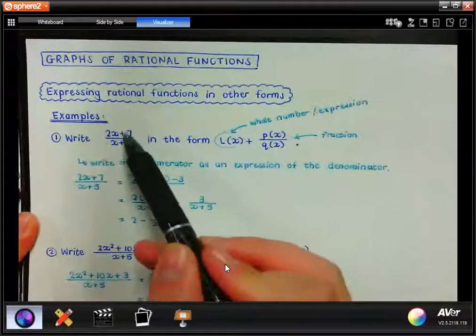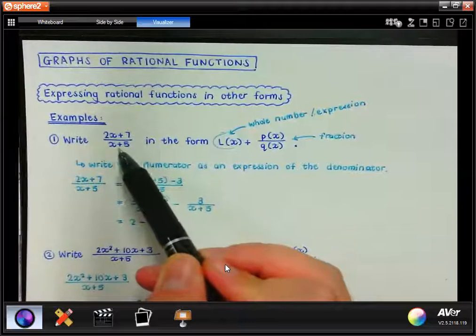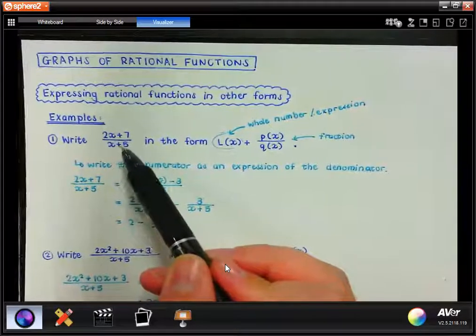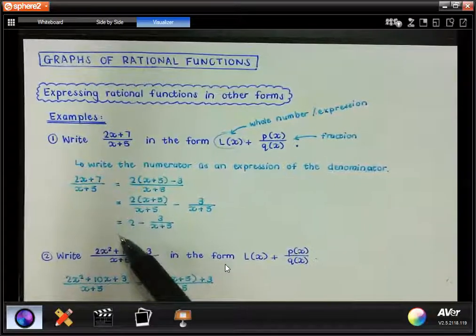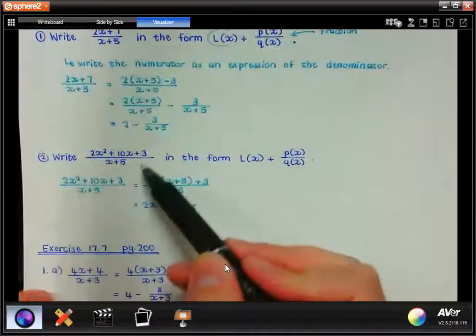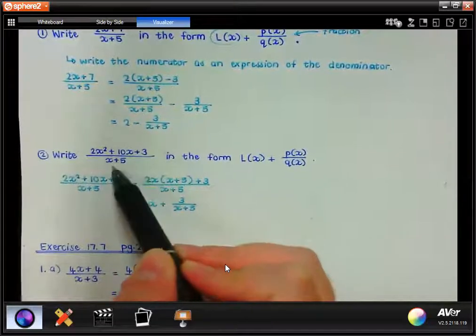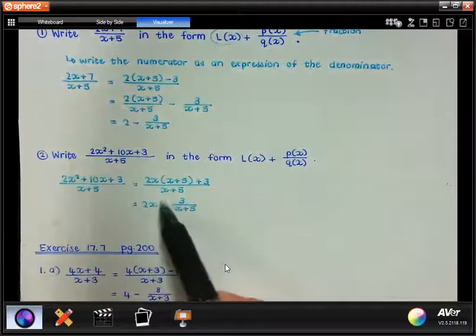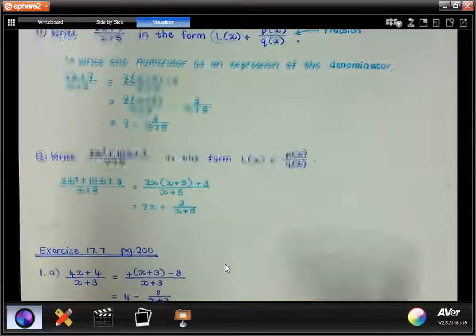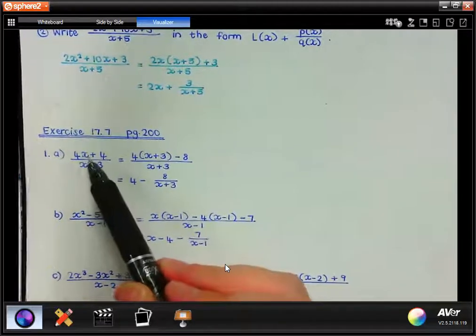So if we're looking at these examples that we did, in the first one, do we notice that we have the same degree at the top and the bottom? So according to that definition, there should be a horizontal asymptote. You see when we wrote it like this, we're getting a horizontal asymptote, y equals 2. For the next one, the degree of the numerator is bigger than the degree of the denominator. Are we getting a horizontal asymptote, 2x? No, we're getting an oblique one. Same thing here. We didn't do this example, but this was the first question in the exercise.